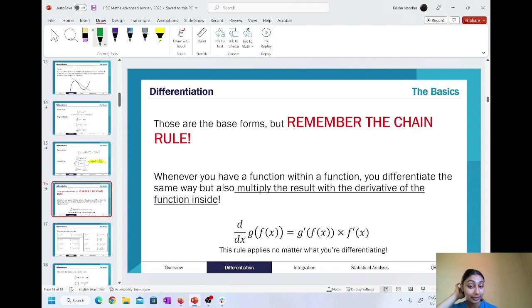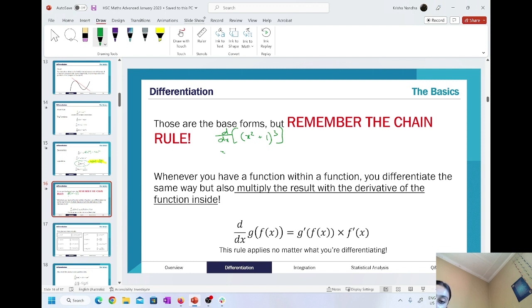So then we have the chain rule, which looks a little something like this. So it's a function within a function, and we need to, I don't know how to explain it without a question. Let's say we have x squared plus 1 all cubed. So if we want to derive that, we'll go the f dash of x first.